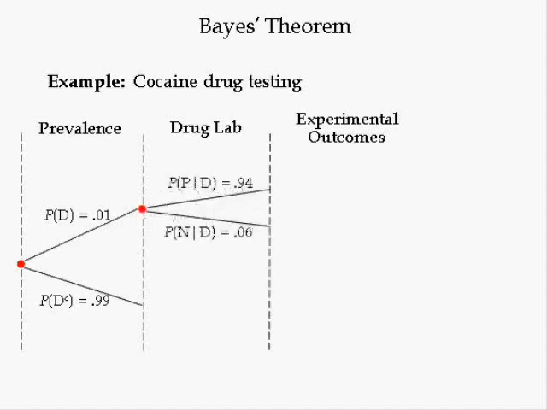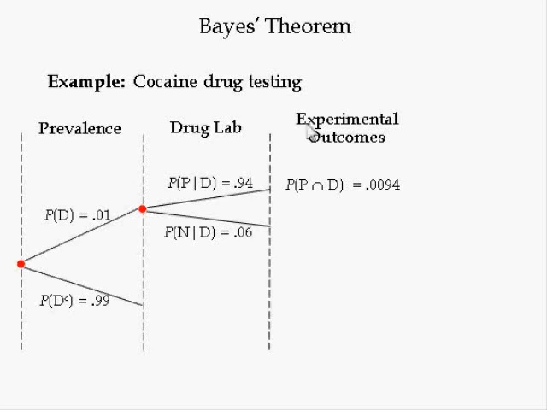In the next stage, we first graph the branches corresponding to the probabilities a person tests positive for drugs or tests negative for drugs, given the employee is a druggie, which is 0.94 and 0.06. Using the multiplication law yields the probability that an employee tested positive and is a druggie, which equals 0.01 times 0.94 or 0.0094.